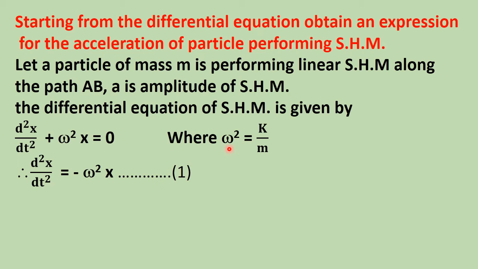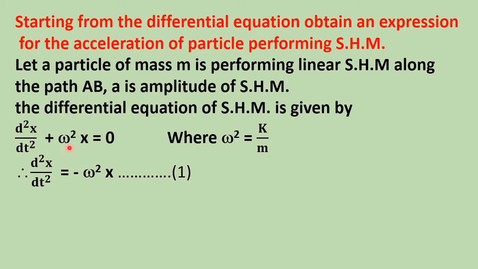According to substitution, omega square is equal to k upon m, where k is the force constant and m is the mass of the particle executing SHM. Force constant, what is force constant? We already know, the restoring force acting on a particle per unit displacement is known as force constant.